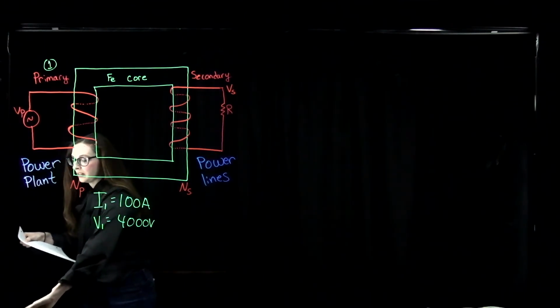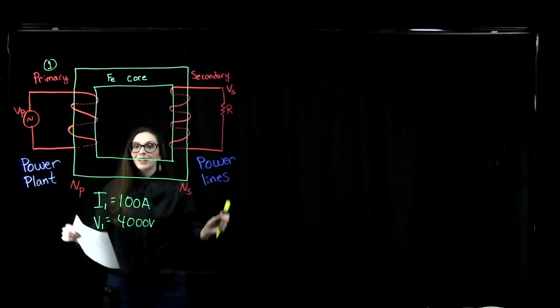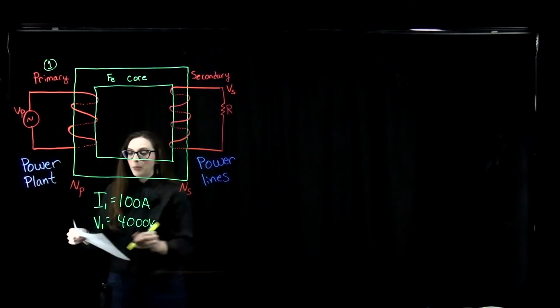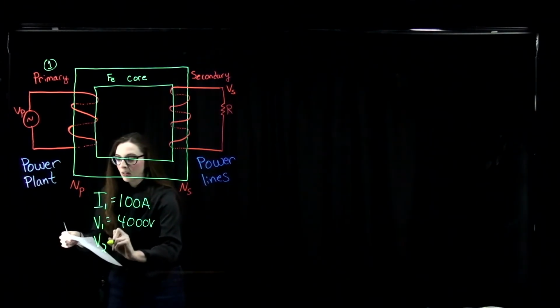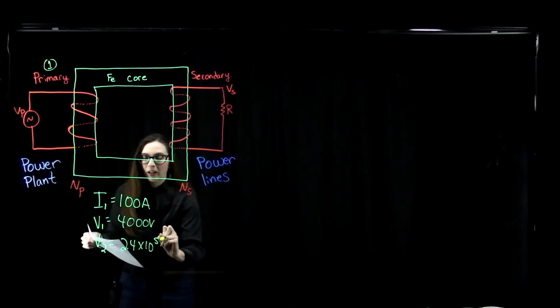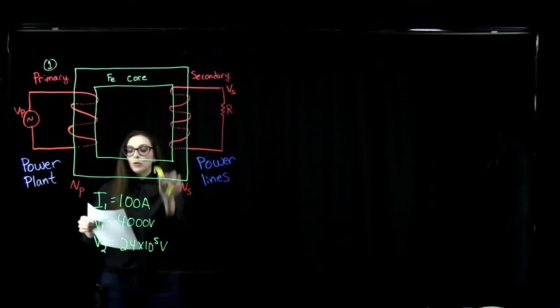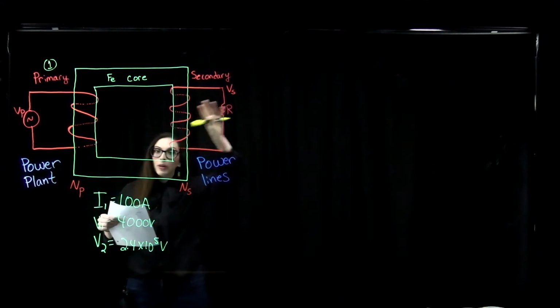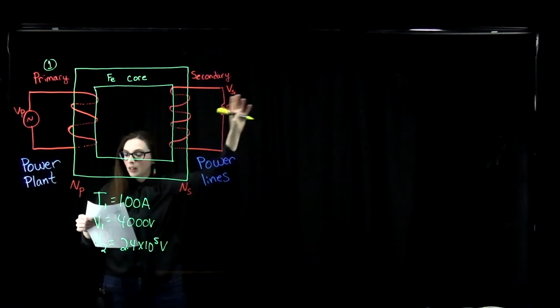The voltage is then stepped up in a step-up transformer to a voltage of 2.4 times 10 to the 5 volts before being sent out on a high voltage transmission line across a city.